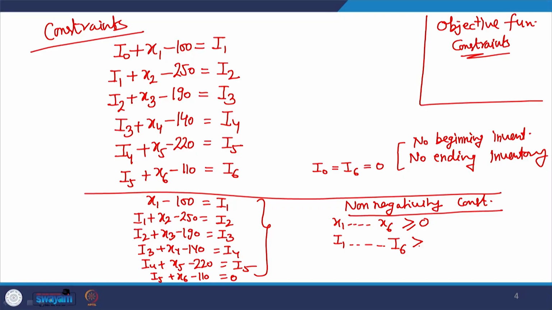So, I1 to I6 will also have either 0 or positive values; inventory cannot be in negative terms. So, these are also non-negative.